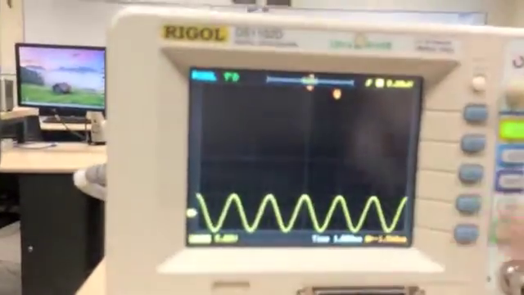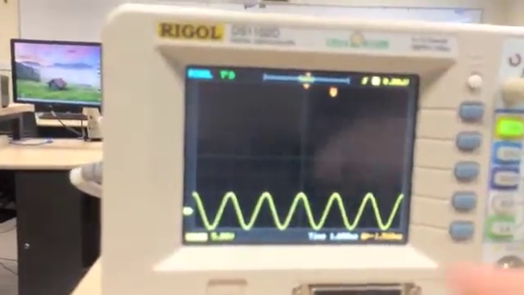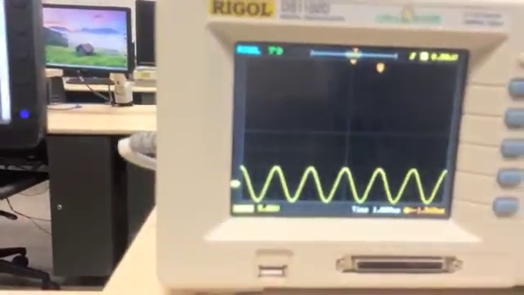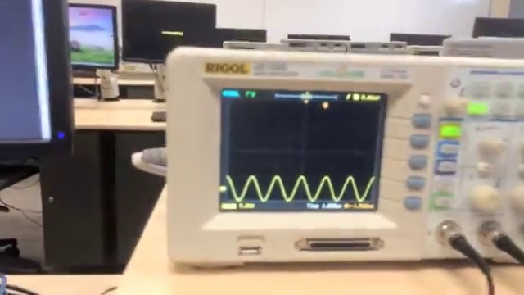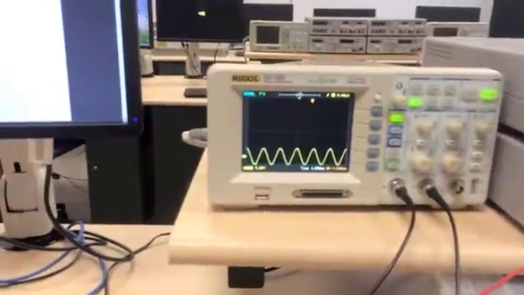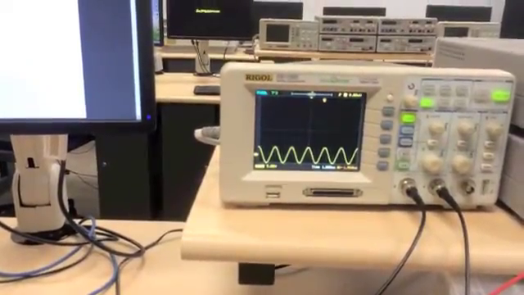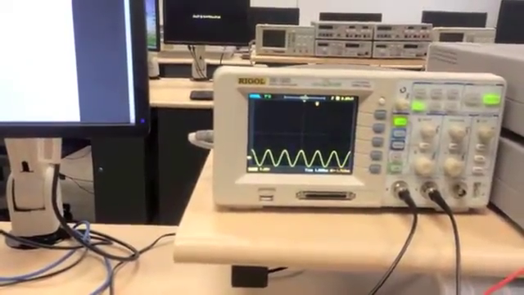So from bottom to top, we see 2 squares, and our scale for the y-axis is 5 volts. So with 2 squares, or rather 2 divisions, times 5 volts per division, that is a 10 volt measurement, volts peak to peak.